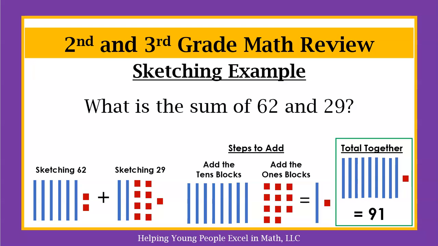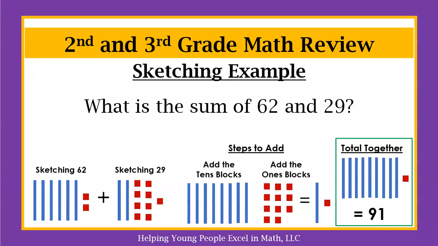What is the sum of 62 and 29? So first we know we're adding because our clue word is sum, which means to add. We are going to sketch 62, which means we have 6 tens blocks and 2 ones blocks. Plus, we are going to sketch 29.